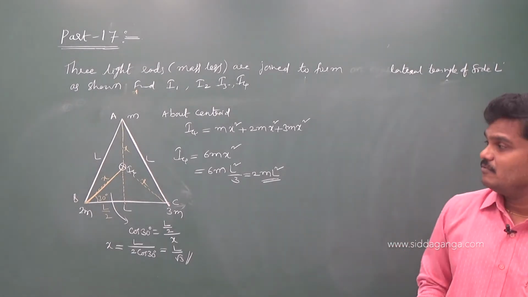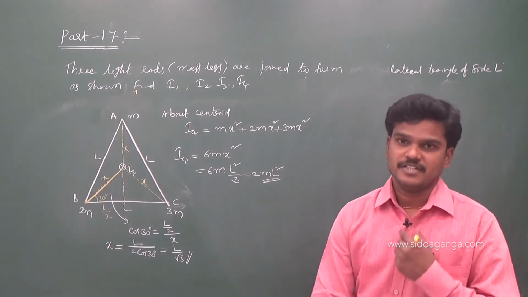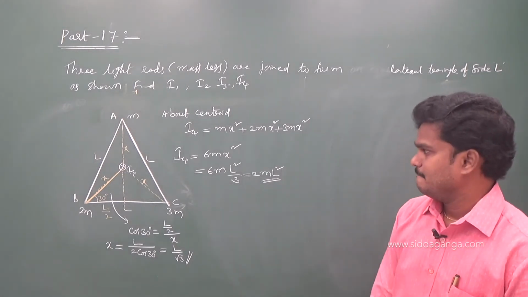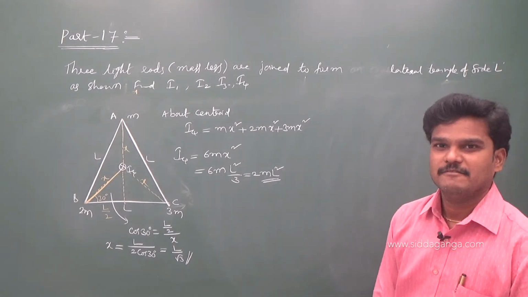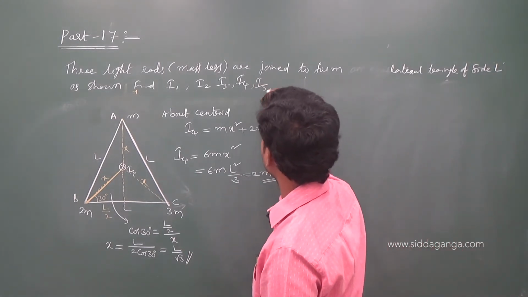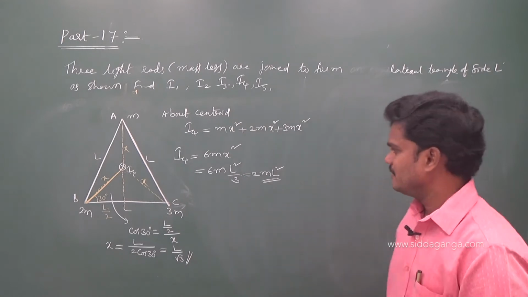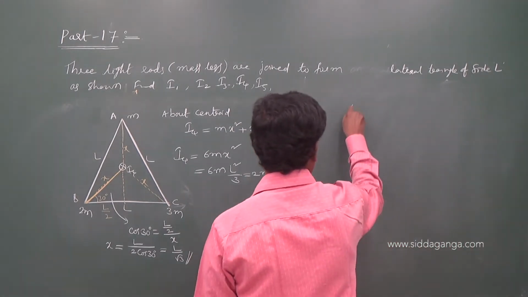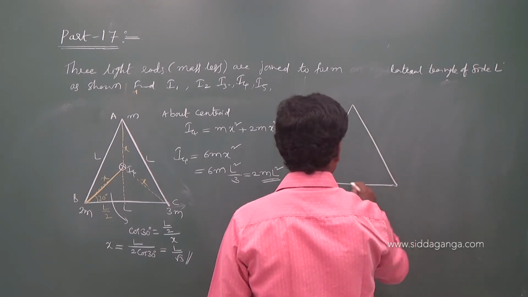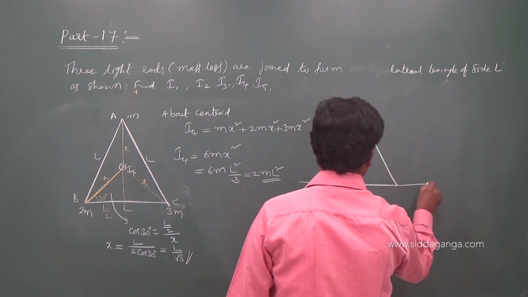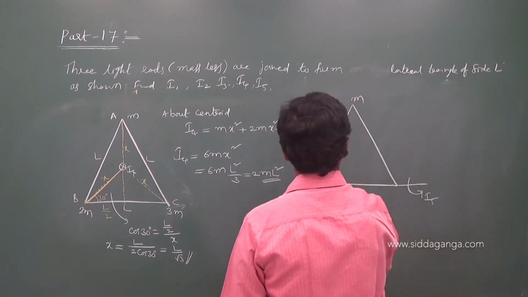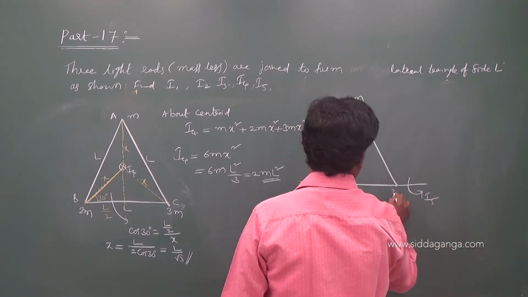You feel in what direction I am finding moment of inertia. Let me find one more. We can find I5, I6, I7. So I5, about this, with m, 2m, 3m.